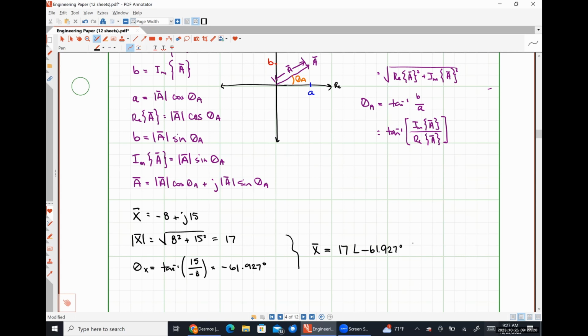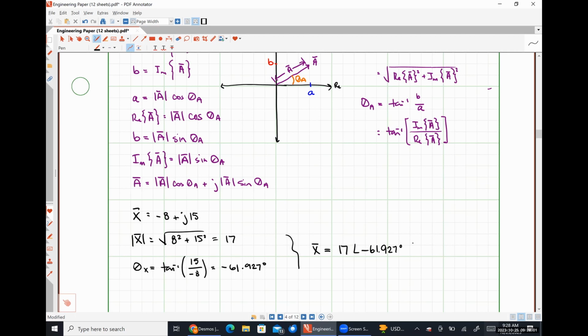According to our polar form, we have a negative phase angle, which means that we would be in quadrant 4, right? So the problem here specifically is that our calculators literally cannot tell the difference between the arctangent of positive 15 over negative 8 and the arctangent of negative 15 over positive 8. The arctangent operation will always return an angle that is in either quadrant 1, so between 0 and positive 90 degrees, or quadrant 4, meaning between 0 and negative 90 degrees.